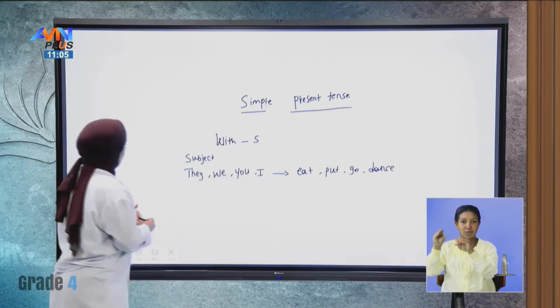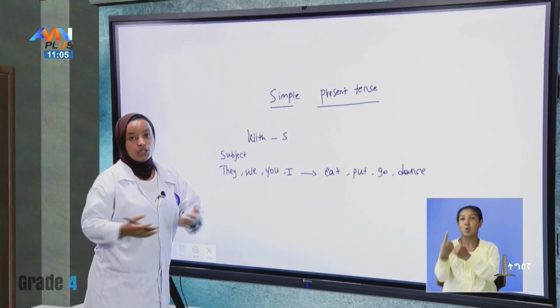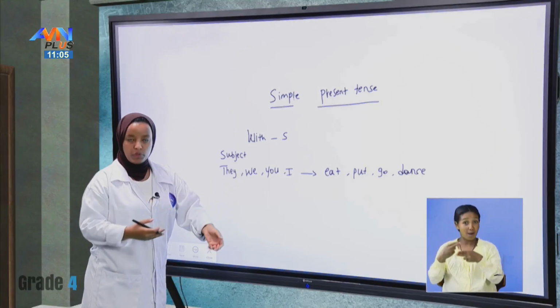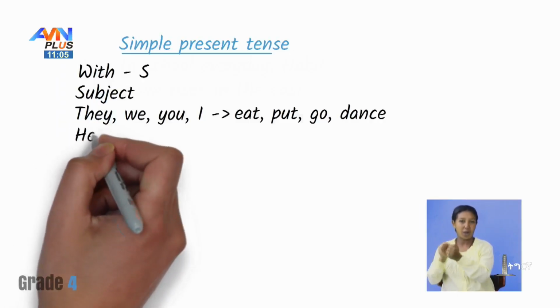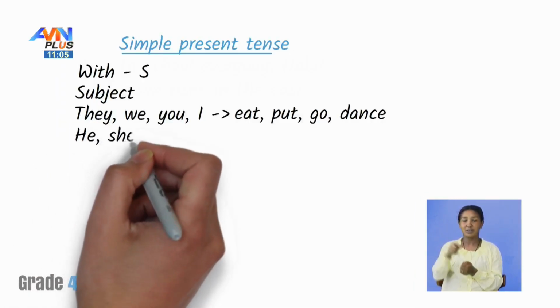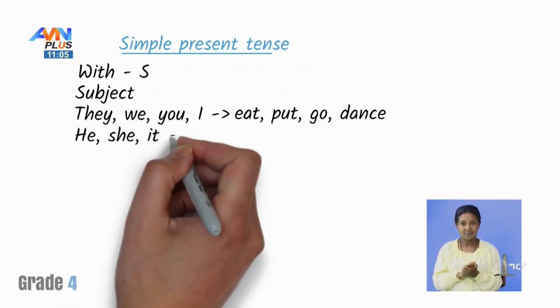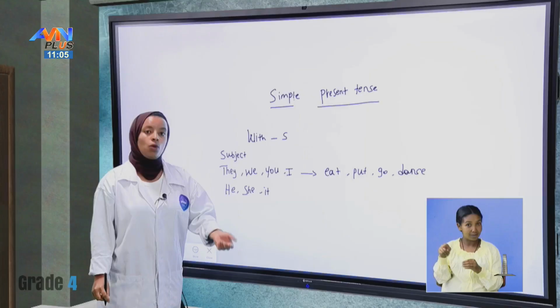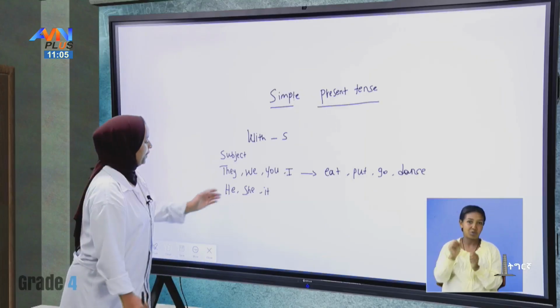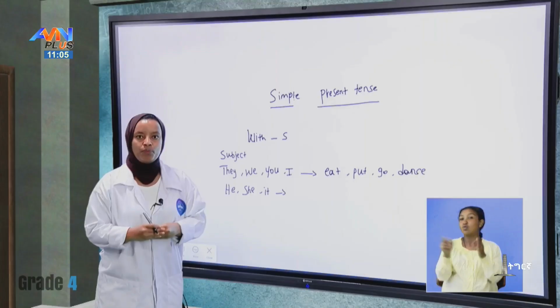Students, let us continue. When we come to singular subjects or singular nouns, also pronouns, like he, she, and it. Don't forget, students, it could also be a noun. So here, we have such rules.